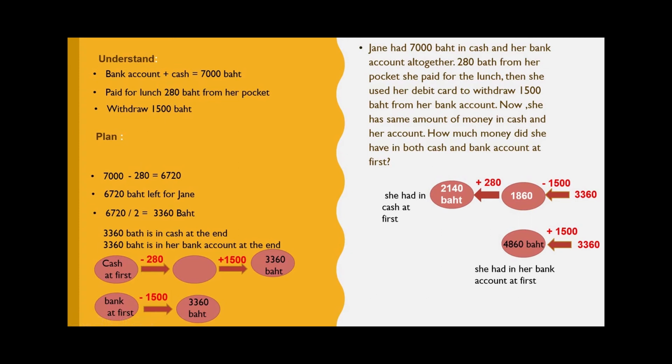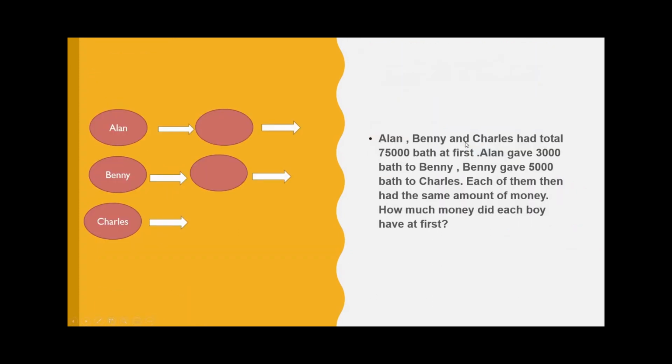Let's look at another example. Alan, Benny, and Charles had total 75,000 baht at first. Alan gave 3,000 baht to Benny. Benny gave 5,000 baht to Charles.